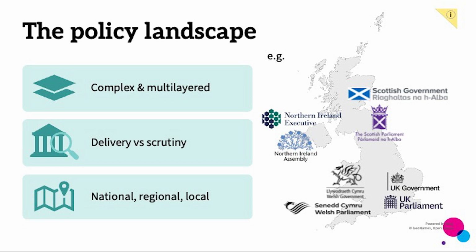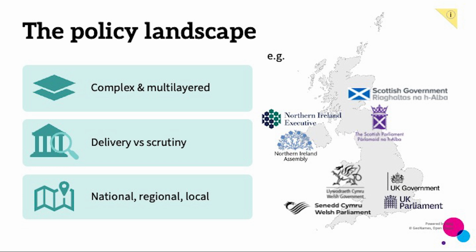And it's critical to understand what kind of role a policy organisation is taking as researchers trying to engage with that organisation. We need to understand what sort of evidence they need, what stance they're taking, what perspective they have, and what they need to do with that evidence. And one of the main big differences in what sort of roles an organisation has is delivery versus scrutiny. So governments are all about delivery. They're developing and delivering policy.